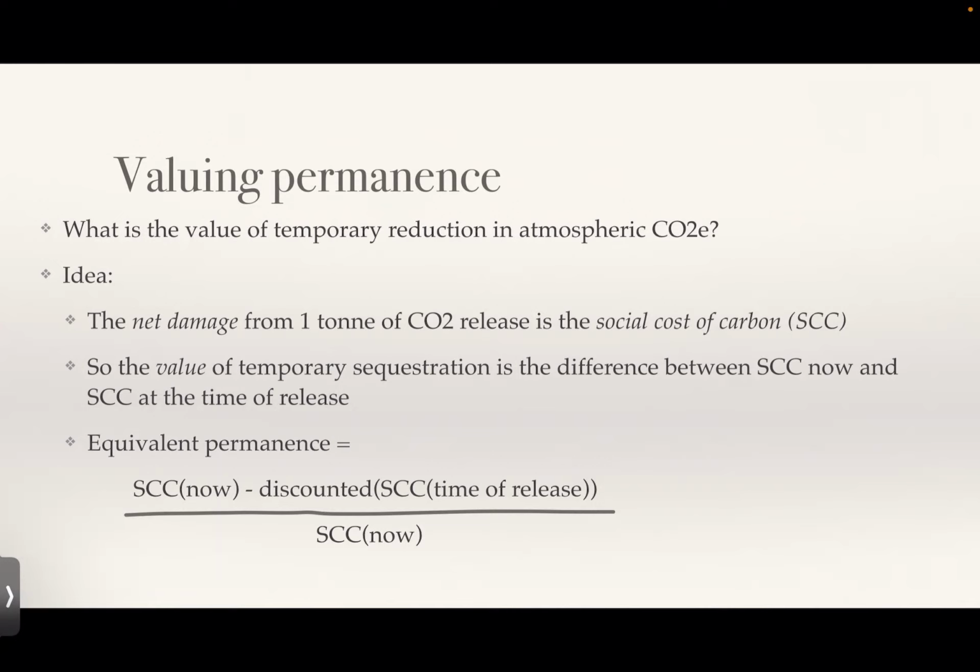We divide it by SCC now, and that gives us the equivalent permanence. That equivalent permanence is not quite unique to us, but it certainly distinguishes our approach from the ones that are in the market today. Okay, I've gone through this fairly quickly, so I'm going to stop now and ask for any questions, because I'm going to switch gears in a moment and talk more about the computer science issues.